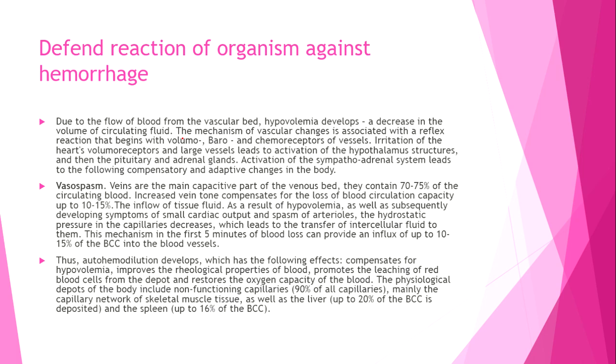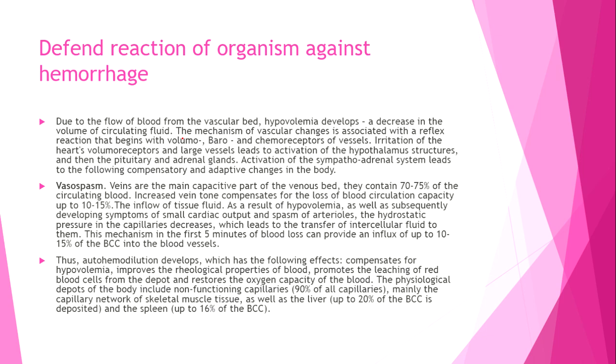The hydrostatic pressure in the capillaries decreases, which leads to the transfer of interstitial fluid into them. This mechanism in the first 5 minutes of blood loss can provide an influx of up to 10 to 15% of the blood circulation capacity into the blood vessels.